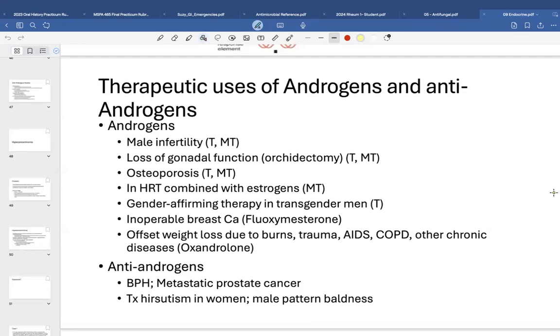Some men with osteoporosis may benefit. Again, the active moiety here is typically the estrogens. Estrogens are the hormone that works directly on bone, not the testosterone, but you can give testosterone replacement for osteoporosis.